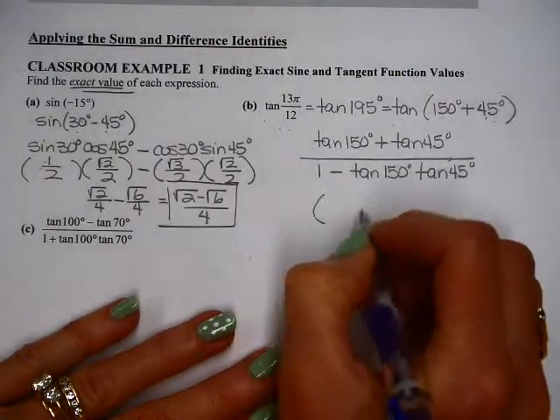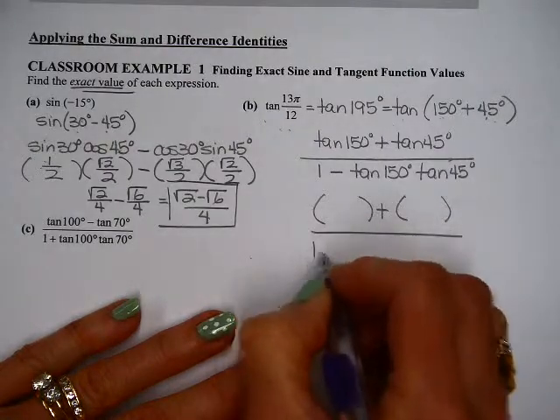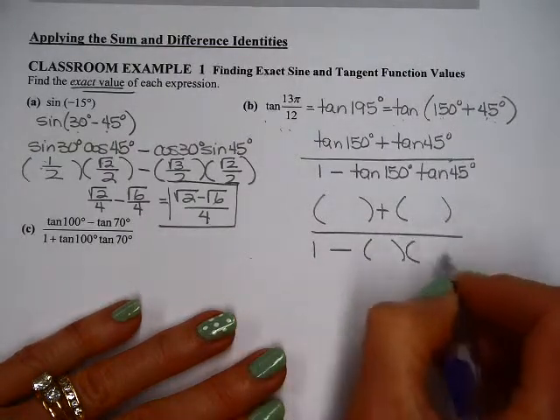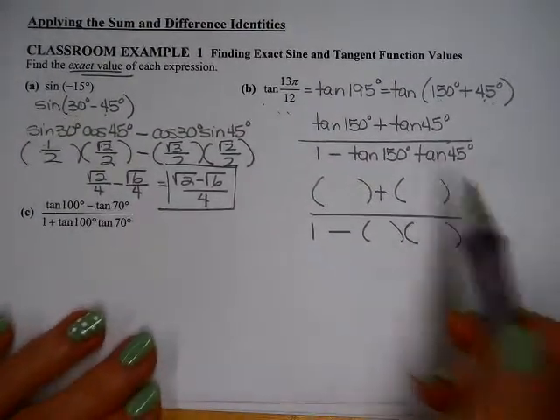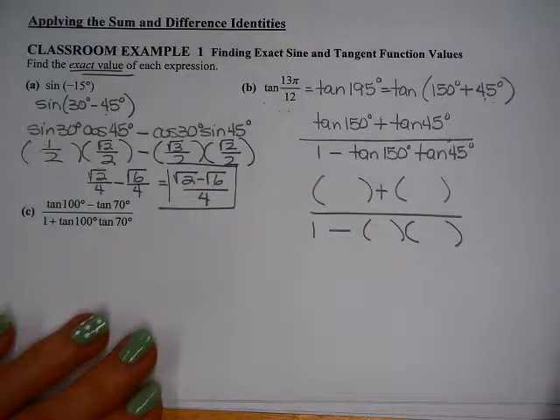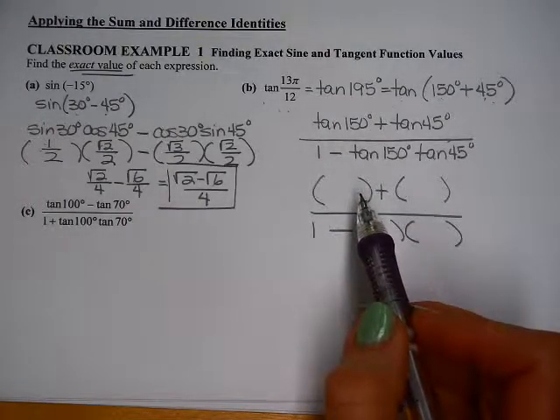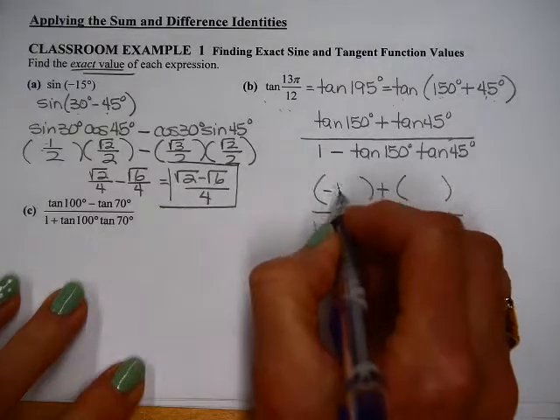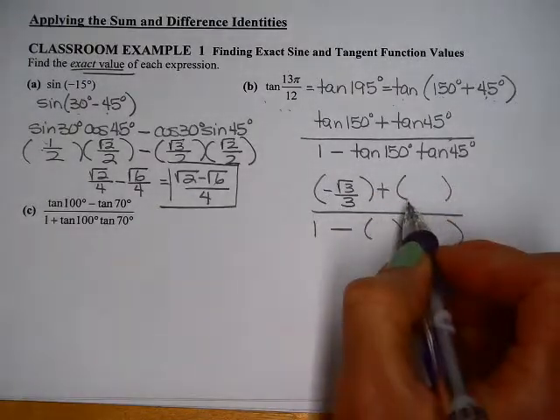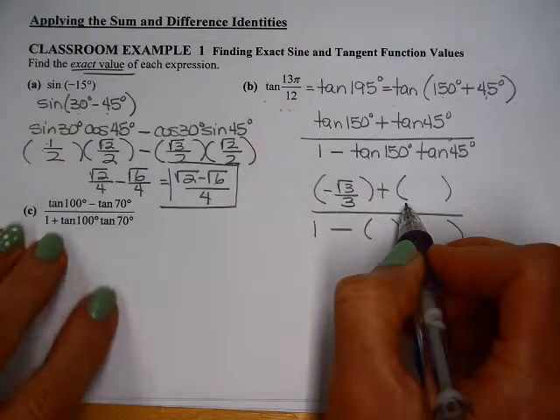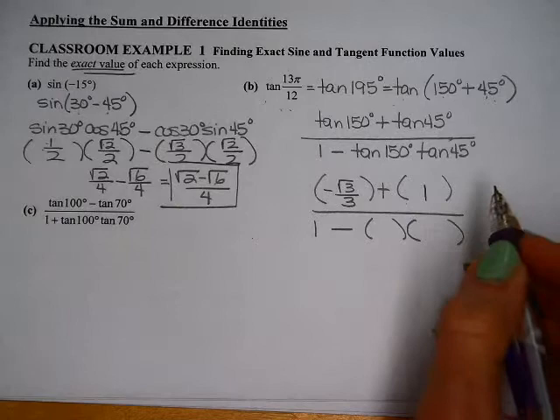I'm going to put parentheses where I need numbers. Now I'm going to my exact value sheet to find these numbers. The tangent of 150 degrees is negative square root of 3 over 3. The tangent of 45 degrees is 1.